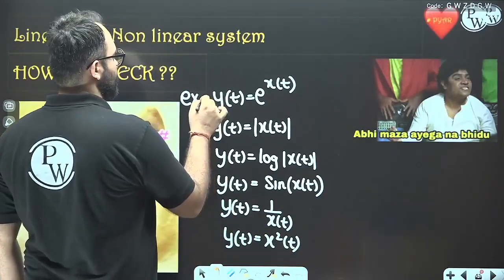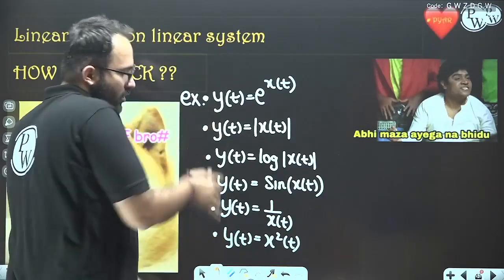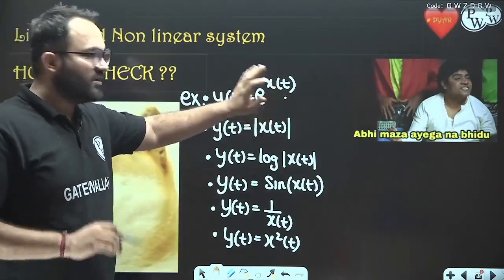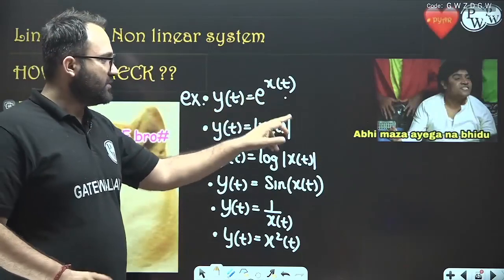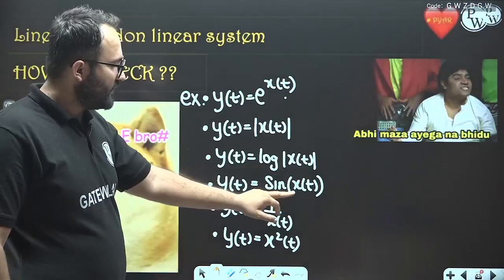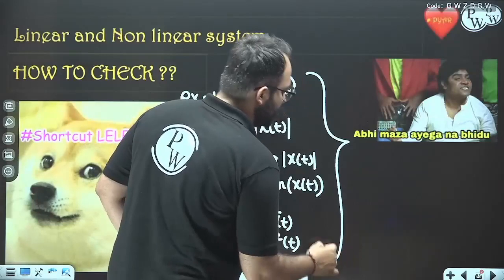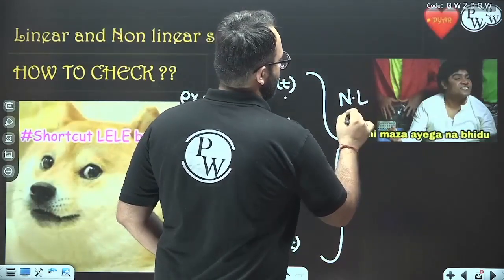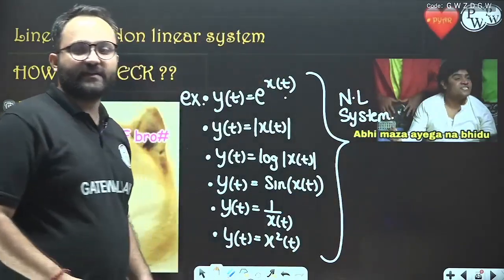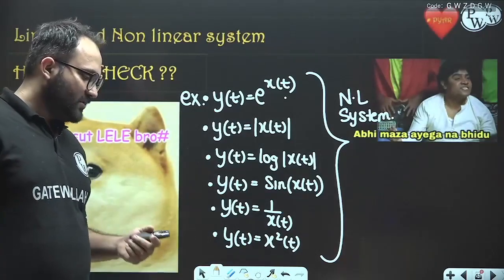All these are non-linear because we are having a non-linear operation on x. We don't need to check, we can directly say this is non-linear: mod, log, sine of x, 1 upon x, x square. We are doing a non-linear operation on the input. Always remember this.